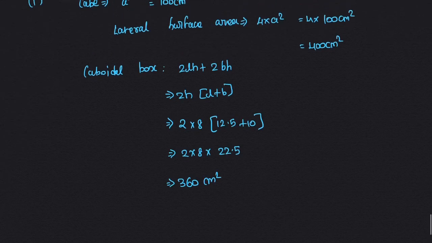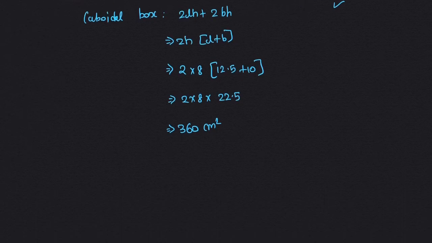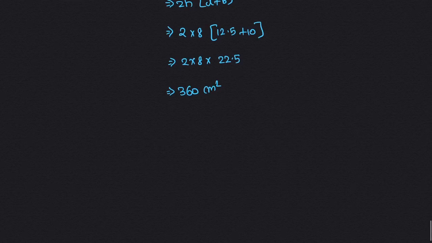So now compare the cube box, 400 centimeter square, and the cuboidal, 360 centimeter square. So the difference, 400 minus 360, is 40 centimeter square. So the cubical box is more than the cuboidal box by 40 centimeter square.